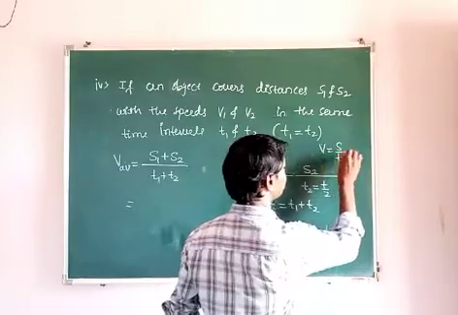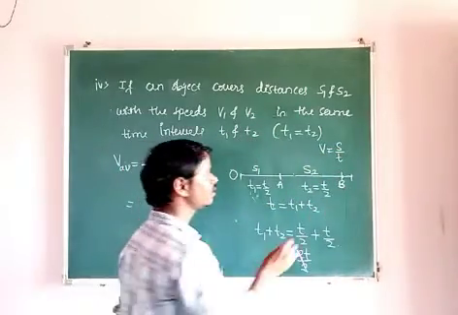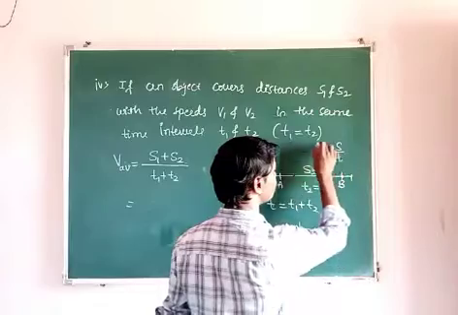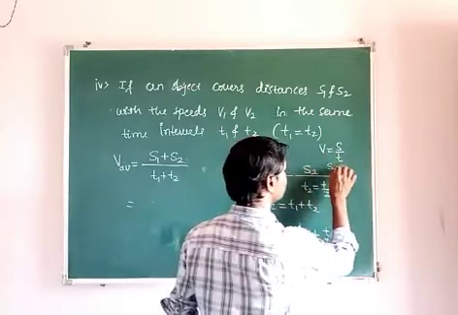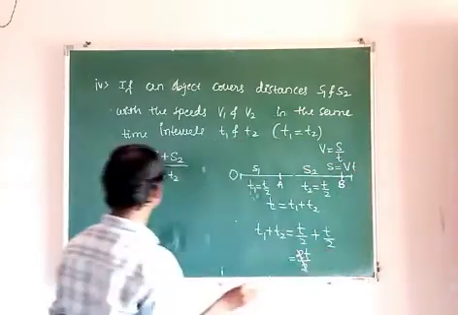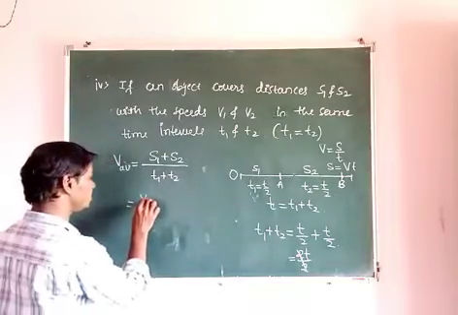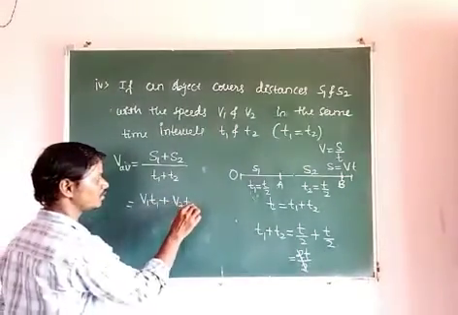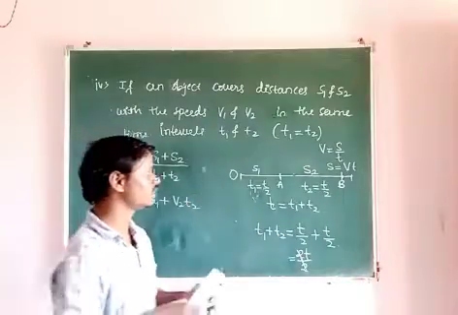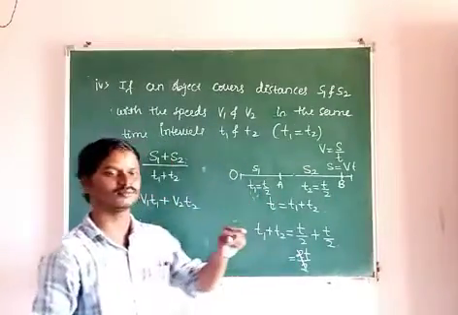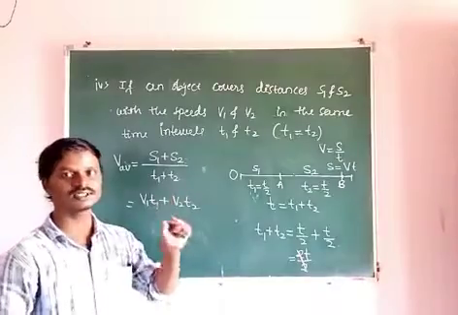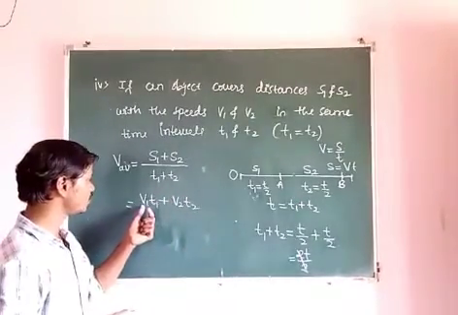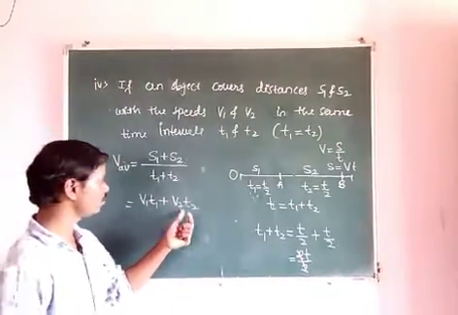Speed is nothing but distance traveled divided by time taken. Then we need distance in terms of speed and time, so it is speed into time. Then we can write V1 into T1 plus V2 into T2. So we can find the distances if we know the speed and time, that is V1 into T1 plus V2 into T2.